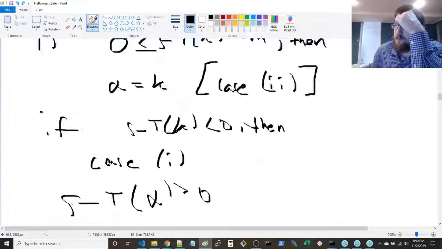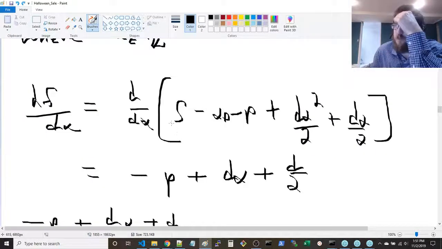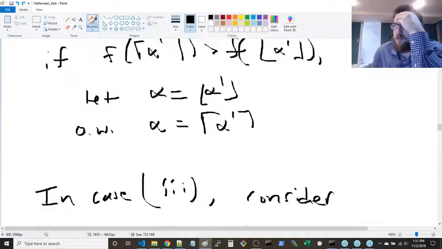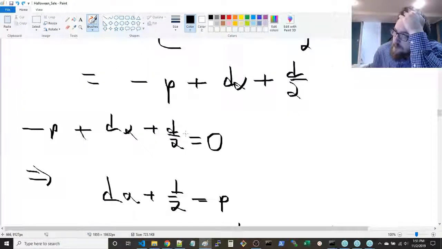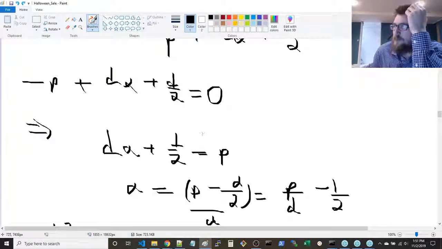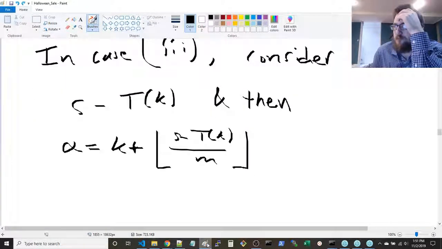If it's greater than or equal to 0, then we're in the third case. Yeah. It's not just greater than or equal to 0. I think it's greater than or equal to M.